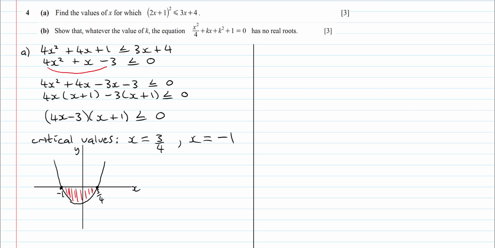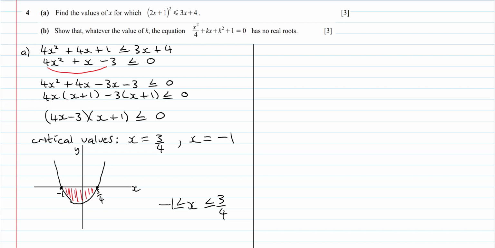So that means x has to be greater than or equal to negative 1, but less than or equal to 3 over 4. So our answer is x is less than or equal to 3 over 4, but greater than or equal to negative 1. Okay, so that is part A.